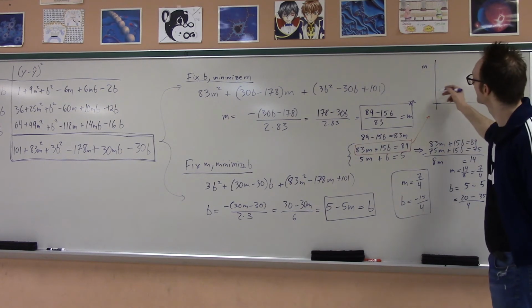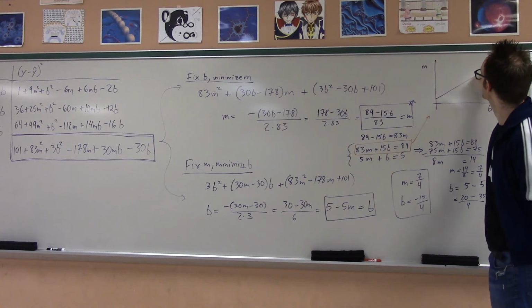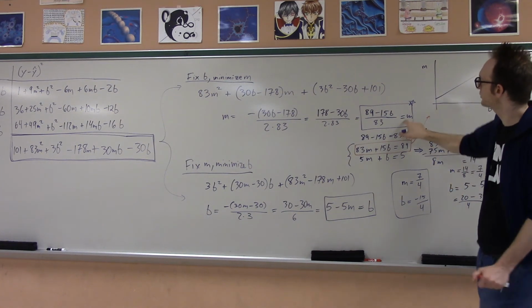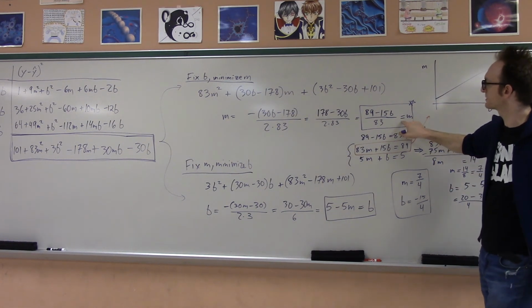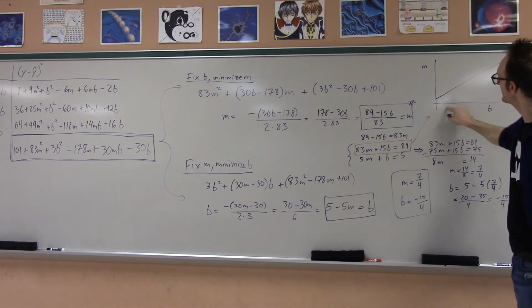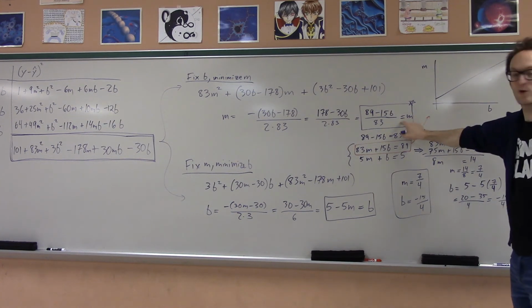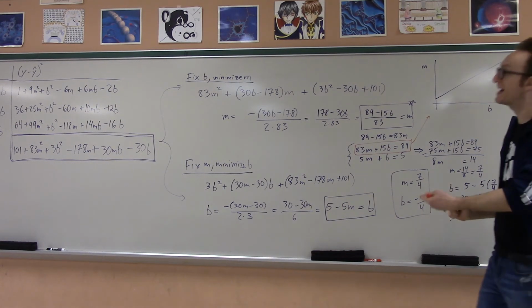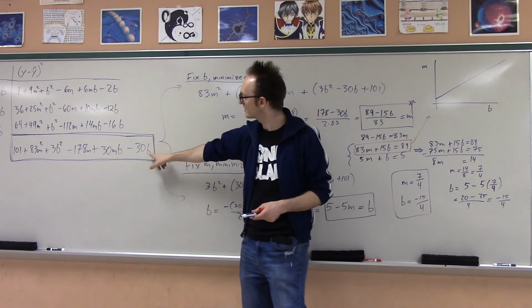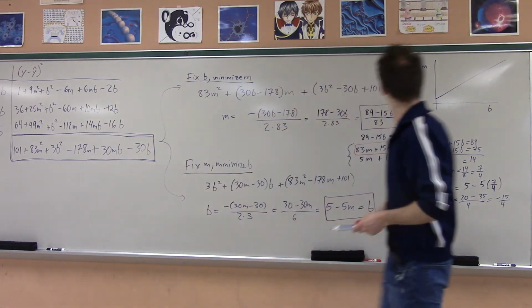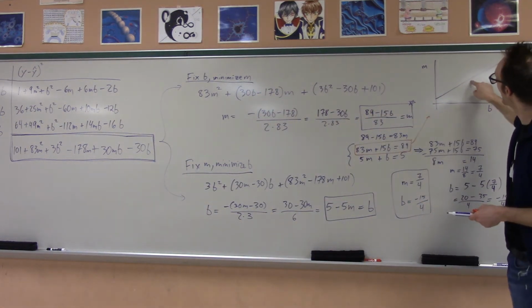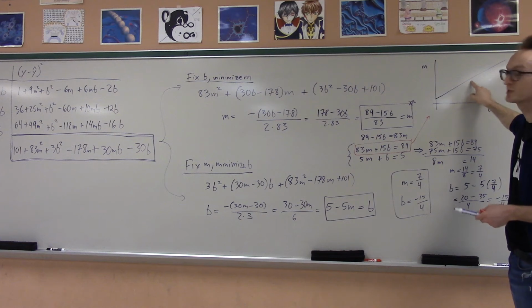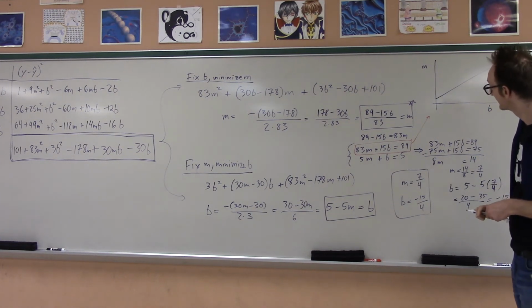So it's some line, which is going to look something like this. And the way you should think about this starred box is, for any particular b, this formula outputs what the best m would be. And by best, I mean minimizing the sum of the squares of the residuals. For any possible b, this line is the line which gives you the best m.